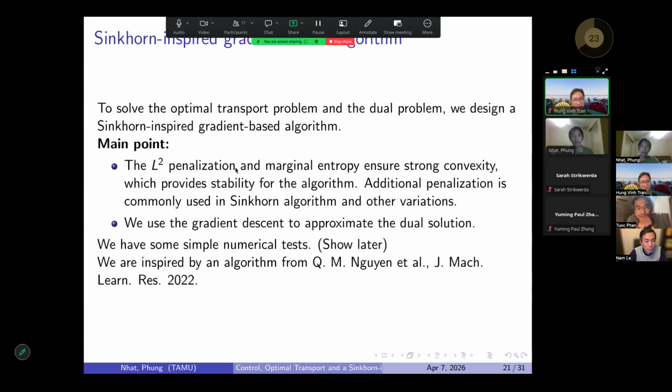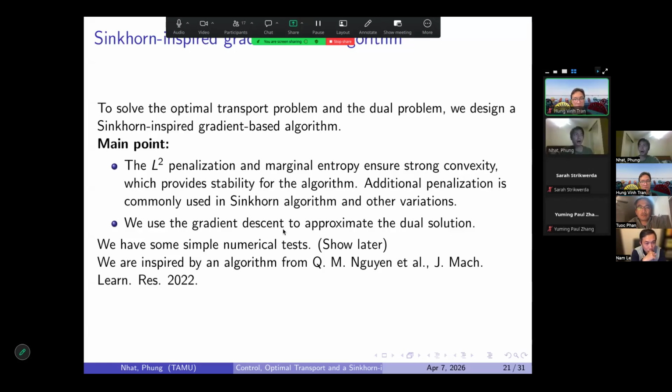So the basic idea for the Sinkhorn and all the variations of the Sinkhorn algorithm is that they will add some different penalization. We use the L2, as I mentioned, because we want to ensure strong convexity to make the minimization more stable. And the reason it has the name gradient-based is that we will have gradient descent inside the algorithm.